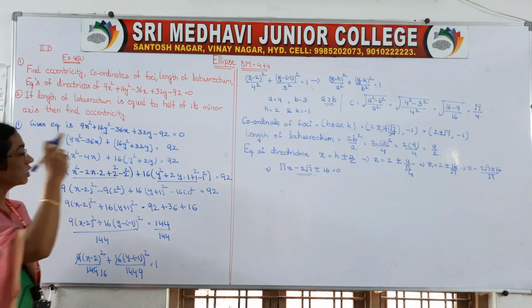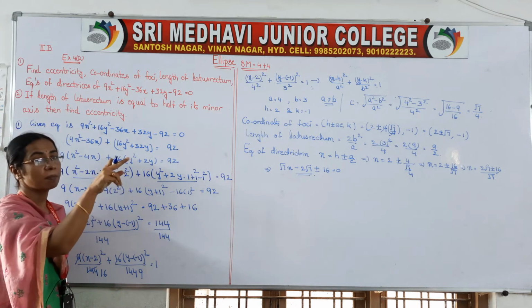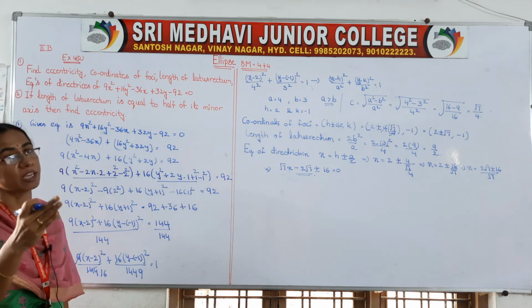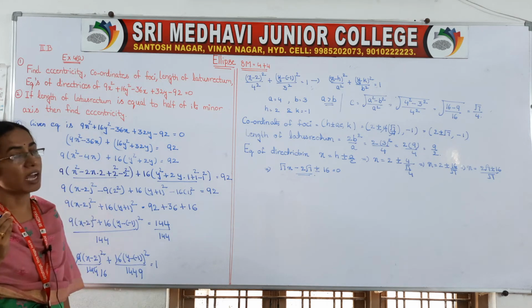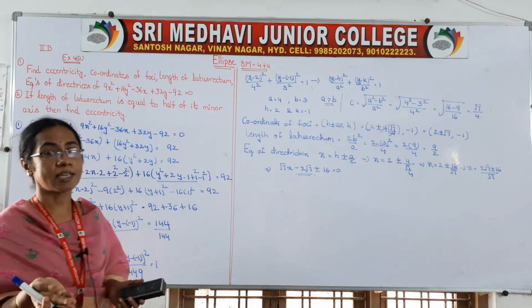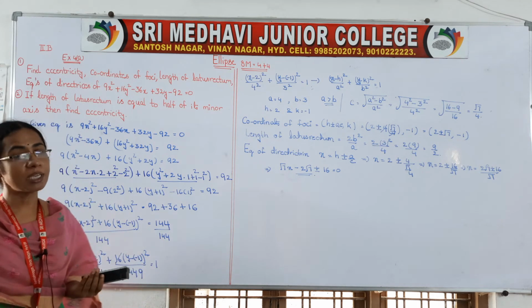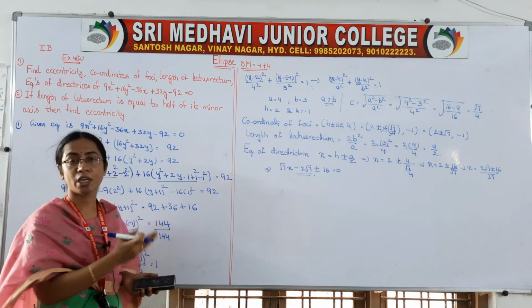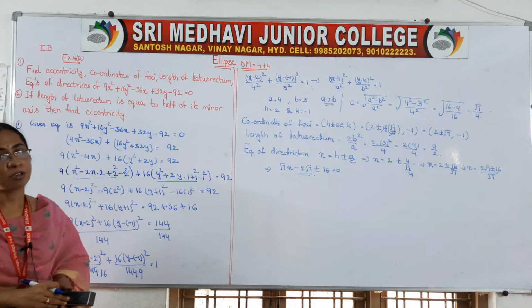Just reduce it into your form. Once you reduce it, you will know the values of h, k, a and b, and compare whether a is greater than b or a is less than b. If a is greater than b, go for all the formulas of the third type and substitute. You will get your required values.